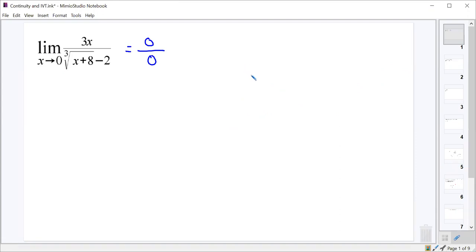So remember when we had something like this, and it was 0 over 0, but it wasn't quite the sine x over x that we needed it to be, to get 1. What did we do with it? Like you multiplied the bottom by 1 over 5, and then you took the 5 out. Okay, right.